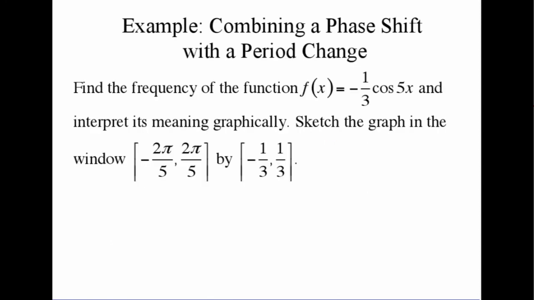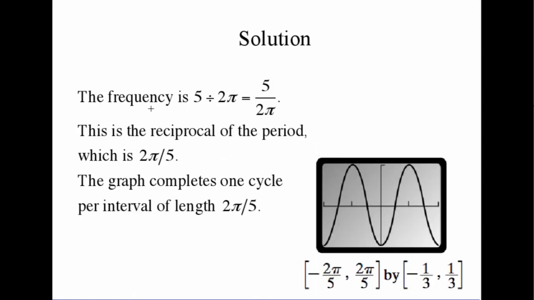So another example, we want to find the frequency of the function f of x equals negative 1/3 cosine 5x and interpret its meaning graphically. And we're going to take a look at the graph in the window, negative 2 pi over 5 to 2 pi over 5, and negative 1/3 to 1/3. So we know frequency to be the formula, absolute value of b over 2 pi.